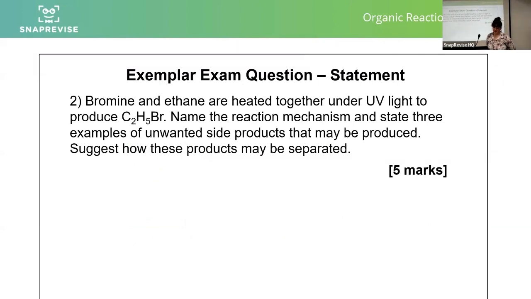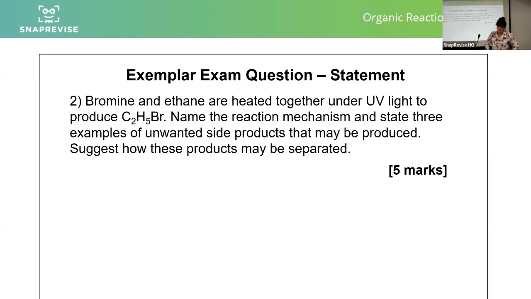We're assuming here that unwanted side products is not what we would consider to be the main product. Or if this was free radical substitution to produce a halogenoalkane, that singly substituted halogenoalkane is the wanted product. So anything else would be unwanted. Suggest how these products may be separated or could be separated.